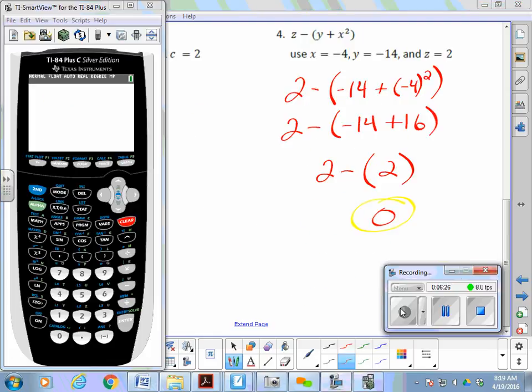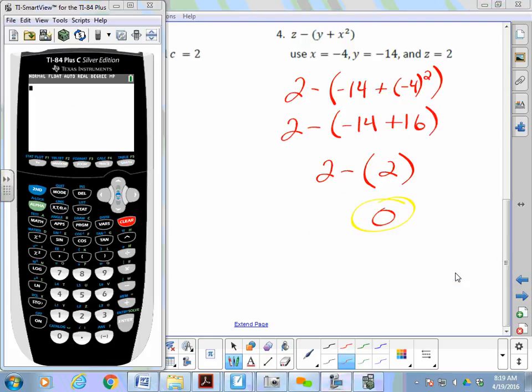All right. You can do all of this on my calculator from step 1. 2 minus parenthesis negative 14 plus parenthesis negative 4, close the parenthesis, square it, close the parenthesis on the outside. Okay.